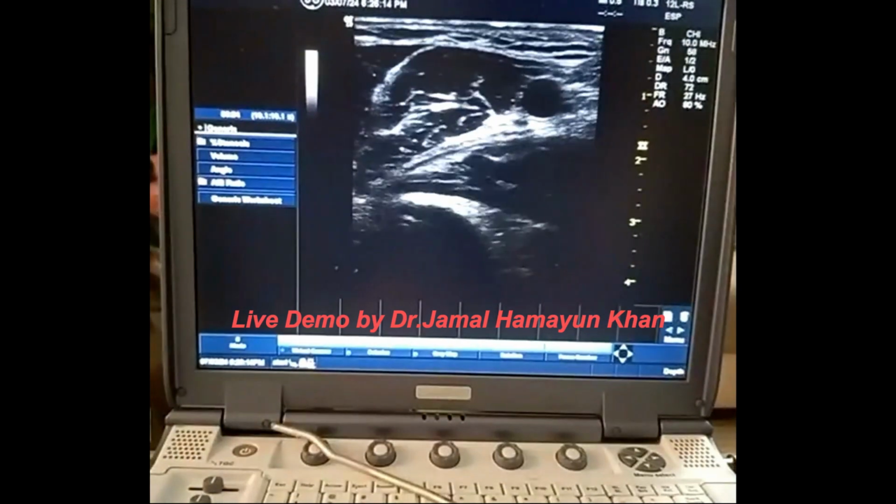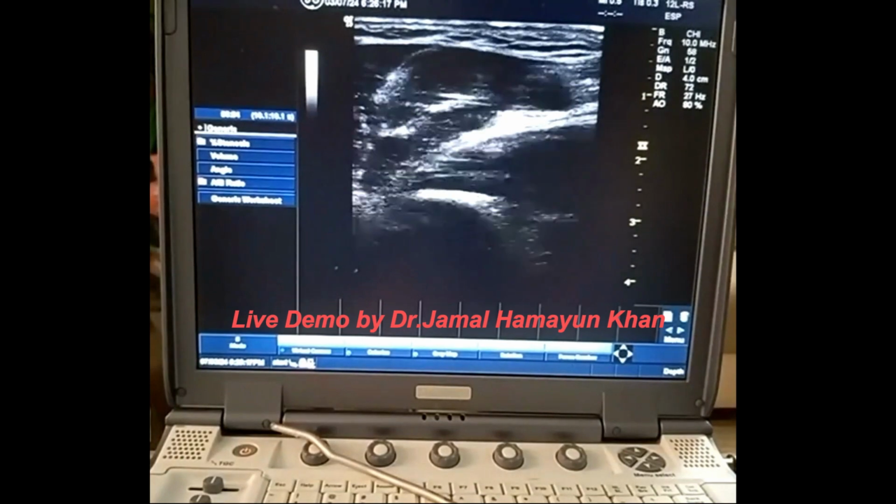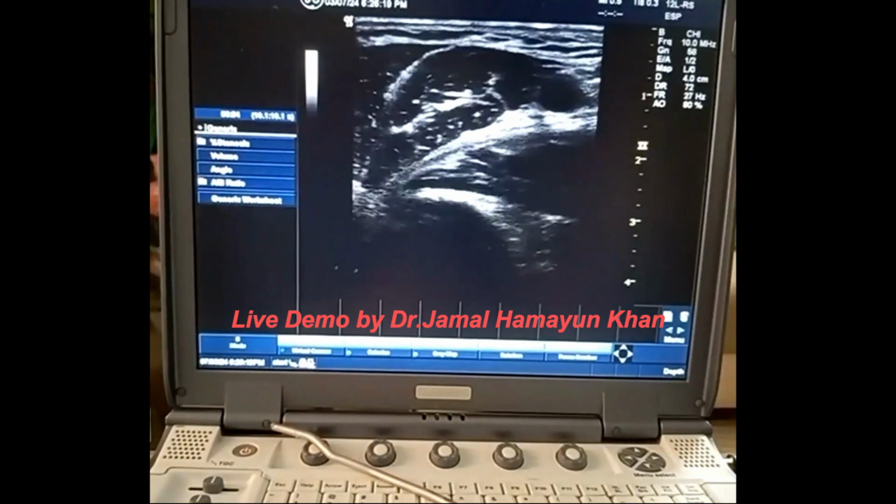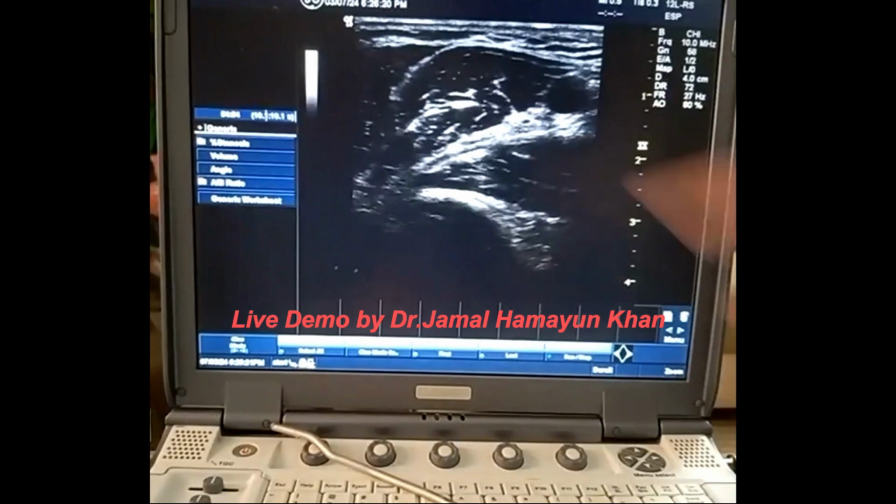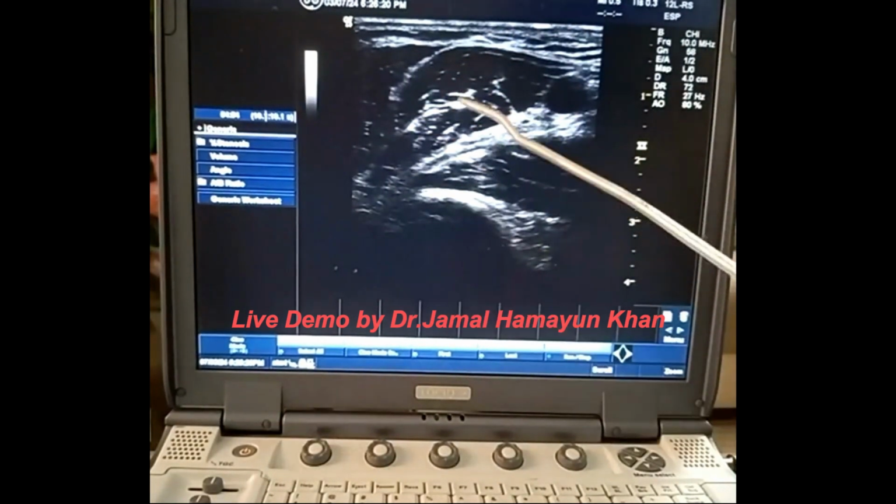Snake eye appearance. Yes, this is the musculocutaneous nerve we can see.